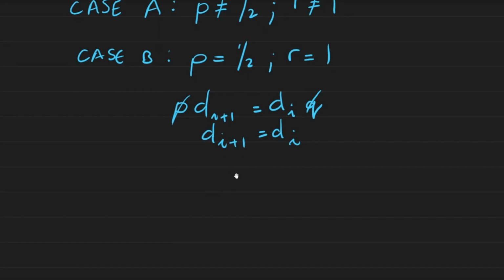Okay, so if that is the case, then what this means is that h_i just depends linearly on i. Again, this is something that you would have done in high school. For example, 1 plus 2 plus 3 plus 4 and so on.